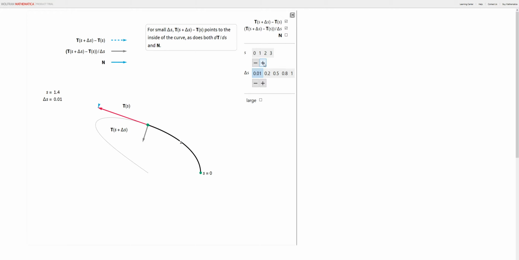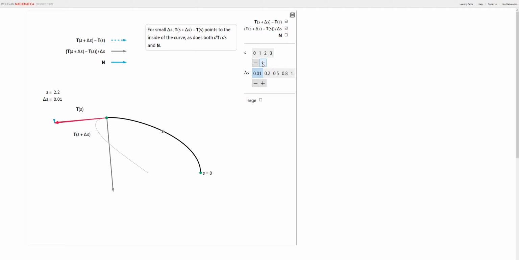Right? So as we moved along it, there's a couple things we can notice here about it. One is it's telling us the direction that the unit tangent vector is changing. So notice here it's pointing inward along the curve because the direction of motion is changing inwardly. Right, as I increase s, it goes to the inside of the curve.